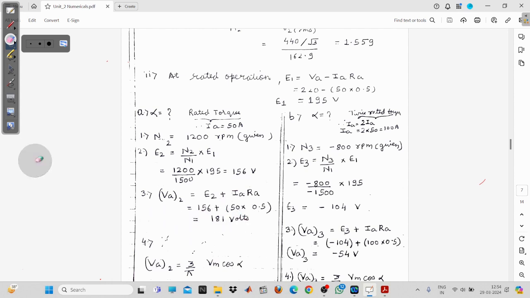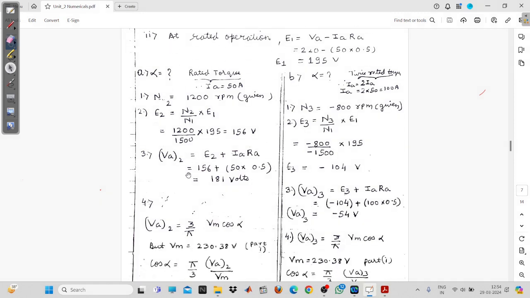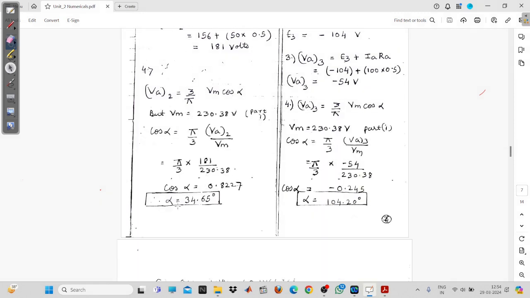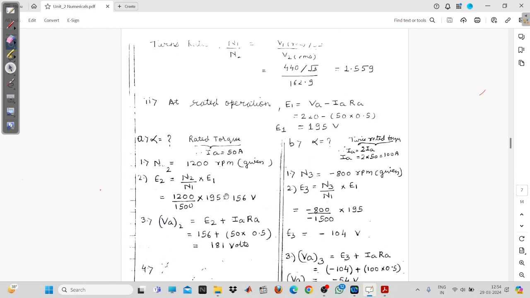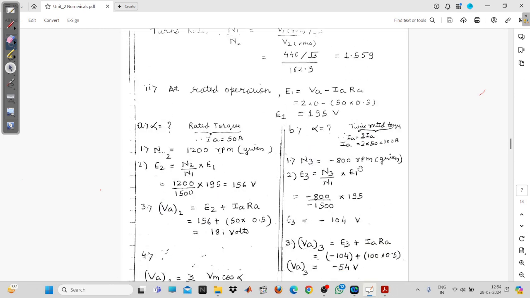We are just assuming continuous conduction. We have not assumed discontinuous conduction here; the voltage value will change for discontinuous conduction. So alpha will be equal to 34.65.